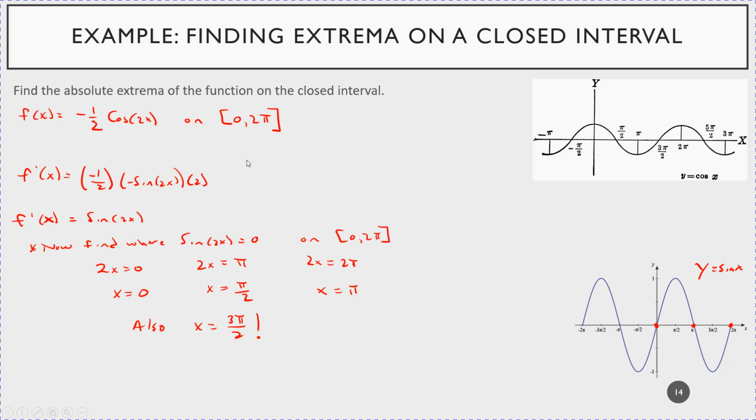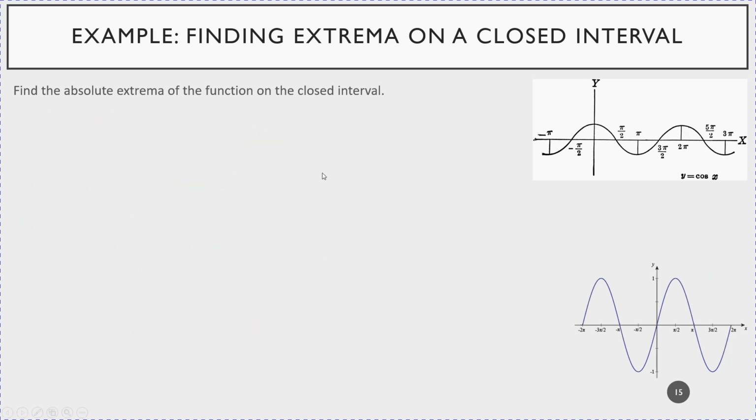All right, so let me go to the next slide here. So we need to evaluate our f of x, which was equal to minus 1/2 cosine of 2x for x is equal to 0, pi over 2, pi, 3 pi over 2, and then 2 pi.